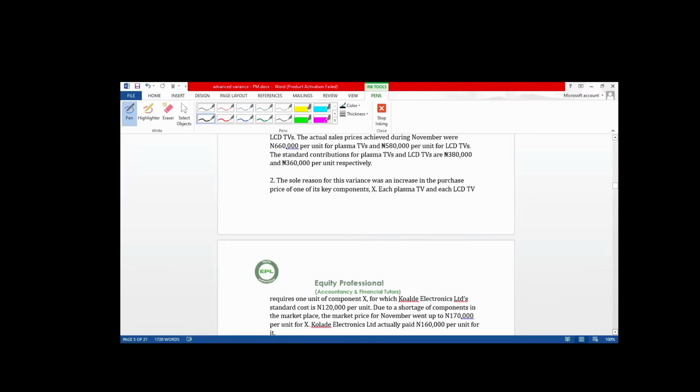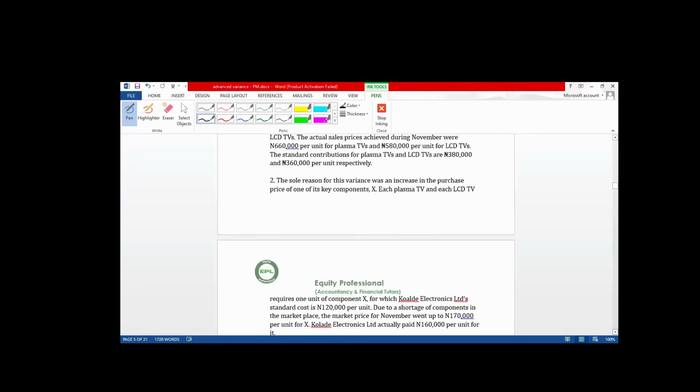Due to shortage of components in the marketplace, the market price for November went up to 170 per unit. In our company, we assume that the standard cost for the raw material is 120,000 naira.